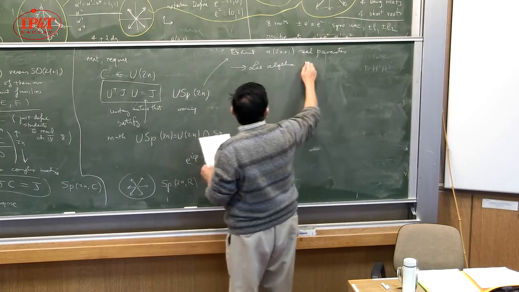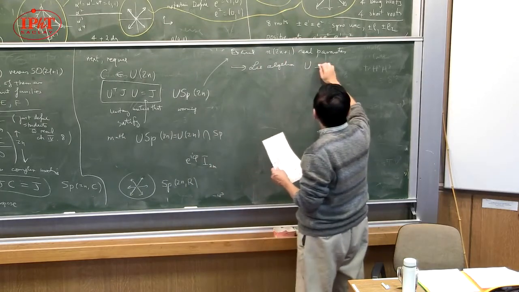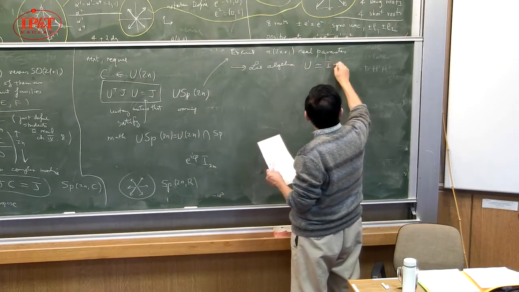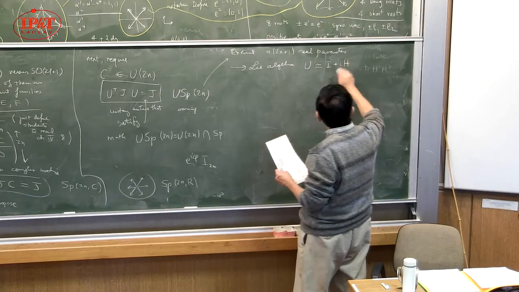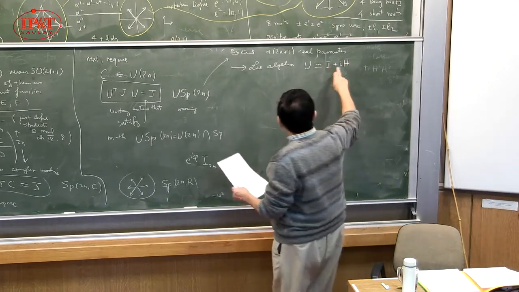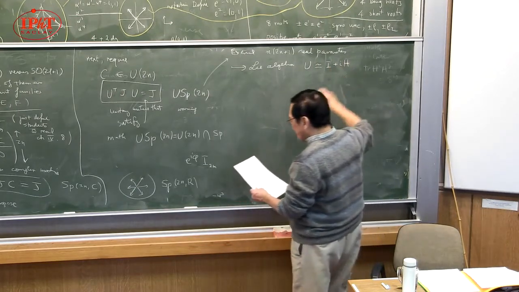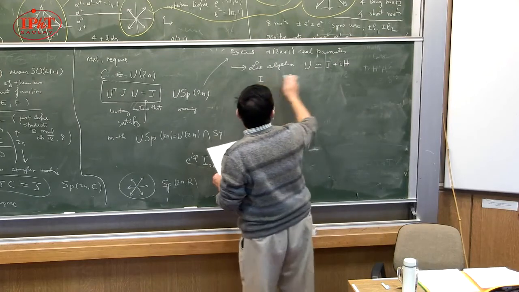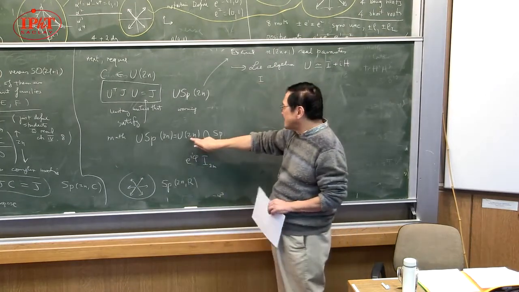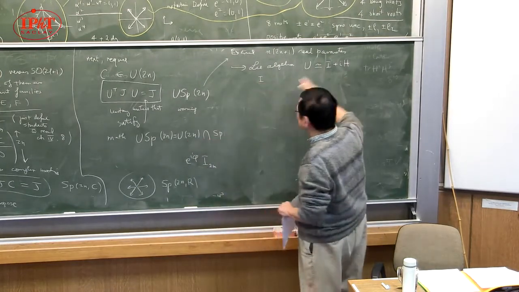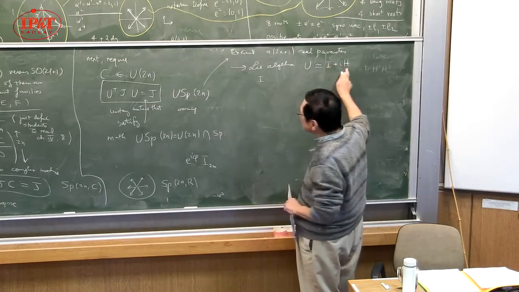The Lie algebra, as I explained in an earlier chapter, is what you get when you look at the infinitesimal group elements near the identity. So H is Hermitian, because it's an intersection with U2n, and so it's inside U2n.